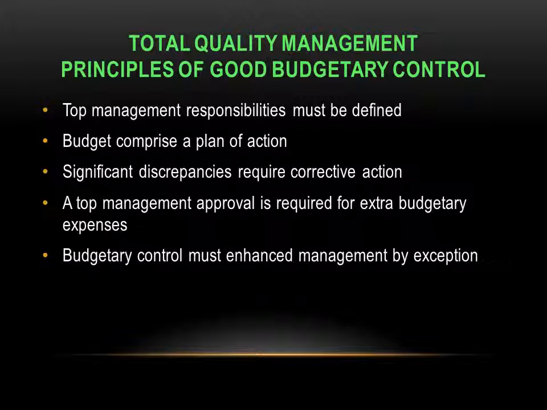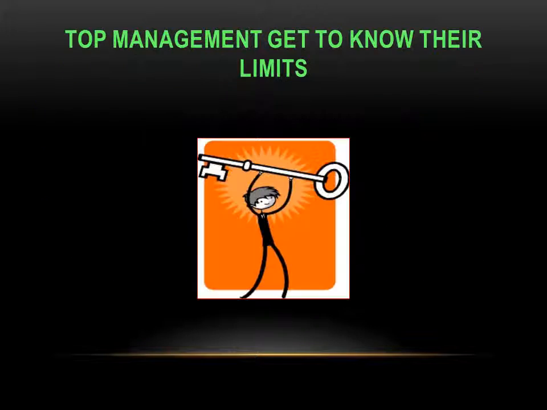Total quality management: principles of good budgetary control. Top management responsibilities must be defined. Budget comprises a plan of action. Significant discrepancies require corrective action. Top management approval is required for extra budgetary expenses, and budgetary control must enhance management by exception.